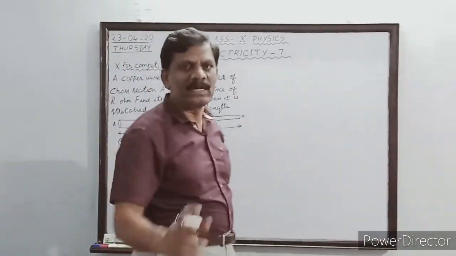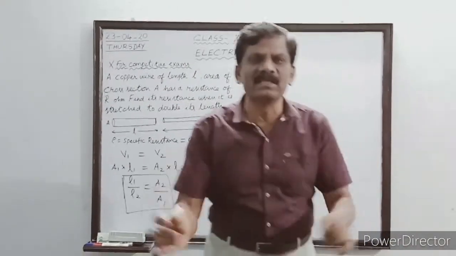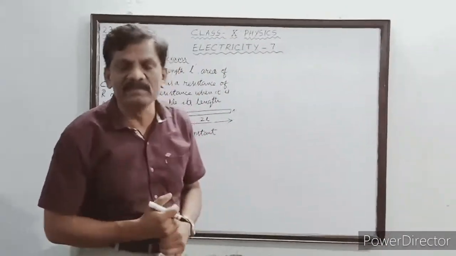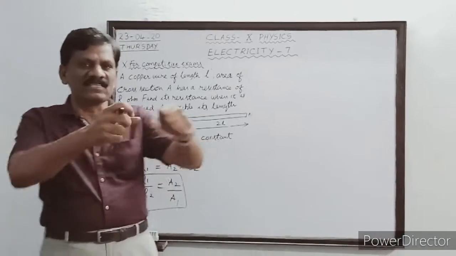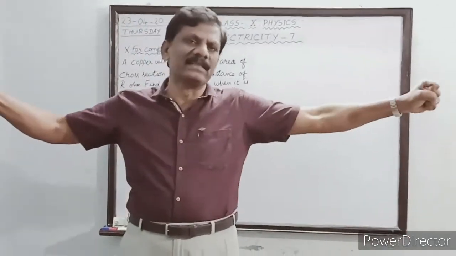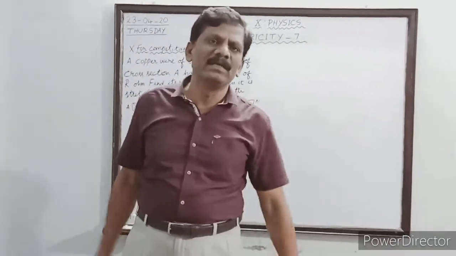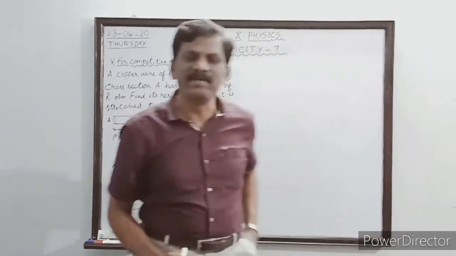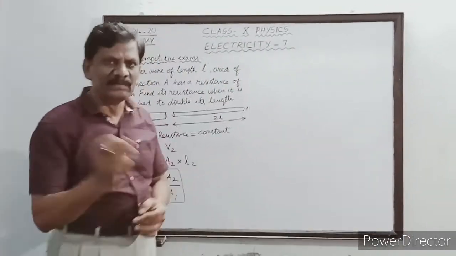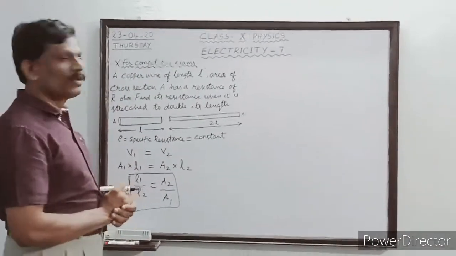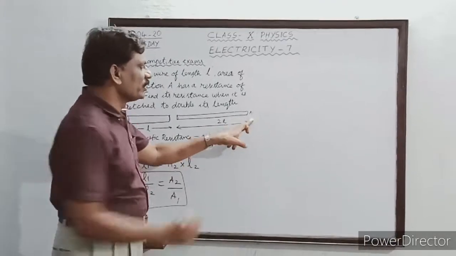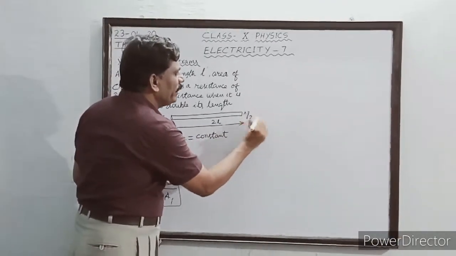That is, you are given a copper wire of length L meter and its area of cross section, or thickness, is capital A, and when it is stretched to double its length, what will be the area of cross section of the wire? Will it be thinner than in the previous case? It will become thin. And you must know that if the length is doubled, the area of cross section will be halved.